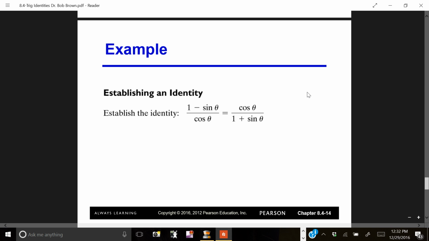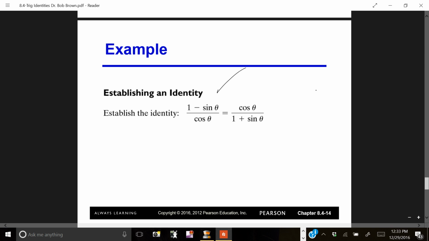Here we want to establish the identity that 1 minus sine of theta over cosine theta equals cosine of theta over 1 plus sine of theta. Well, there is one trick that we had learned that will sometimes simplify expressions like this. Let's try to multiply numerator and denominator by 1 plus sine of theta.